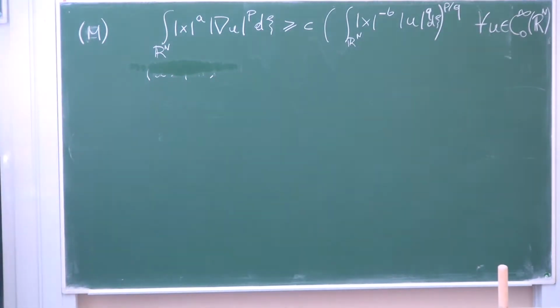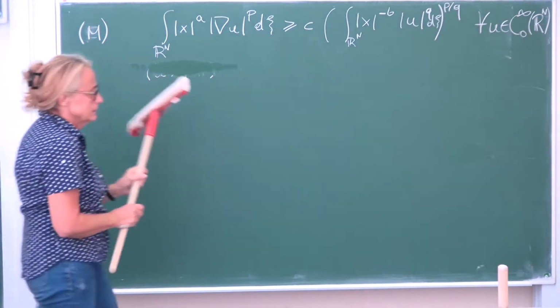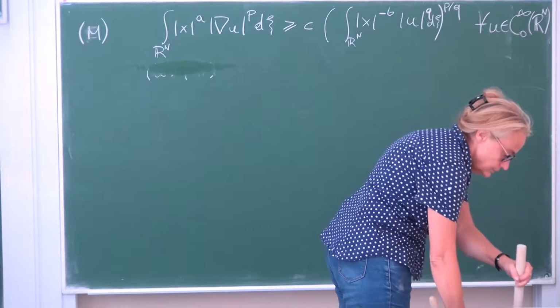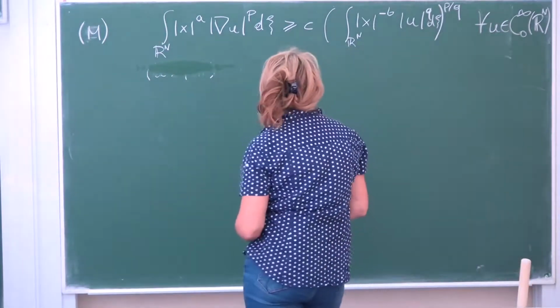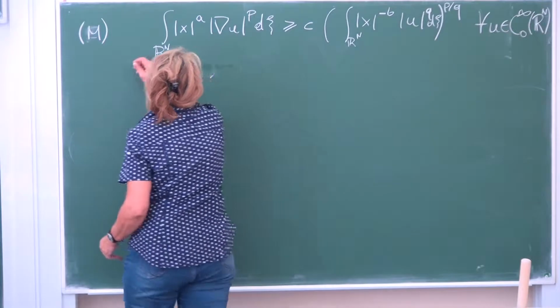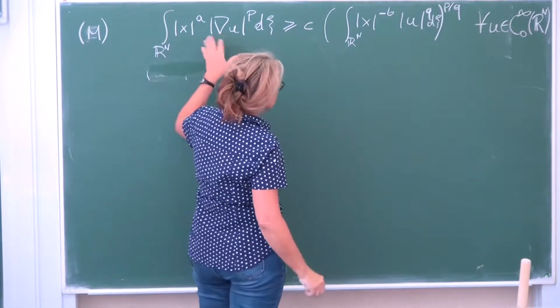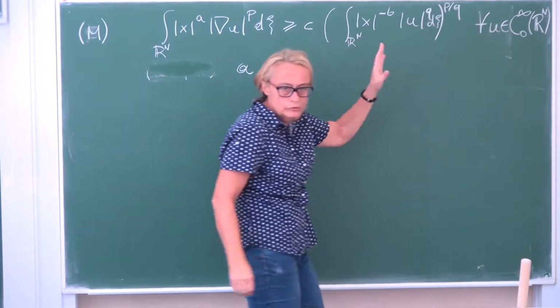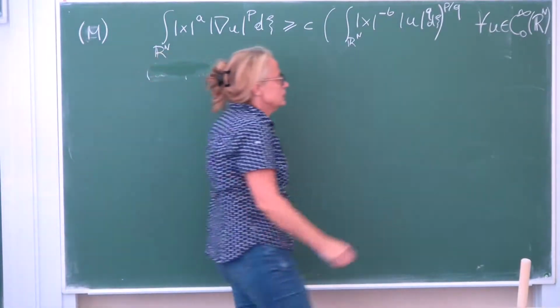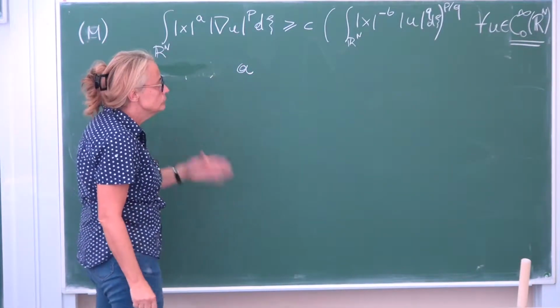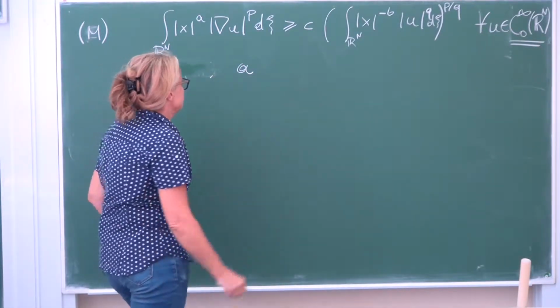Okay, I'm much more well organized now, and that one I will erase after. I want to be able to write first of all those two inequalities for any u with compact support, not only u equal to 0 on the singular set.